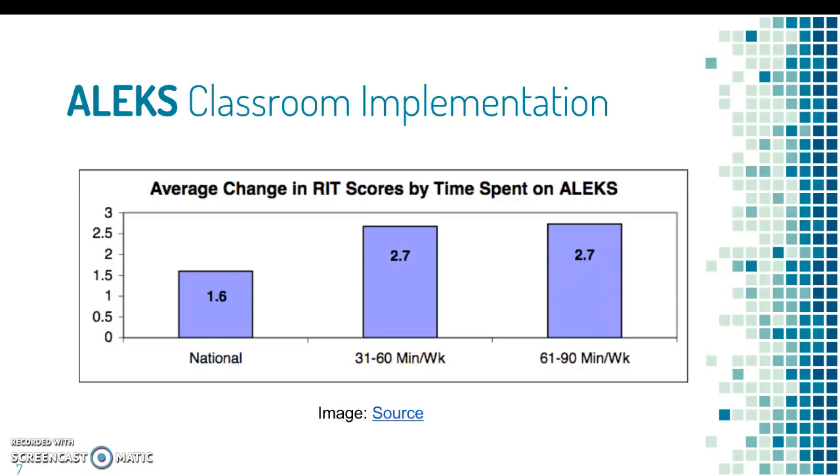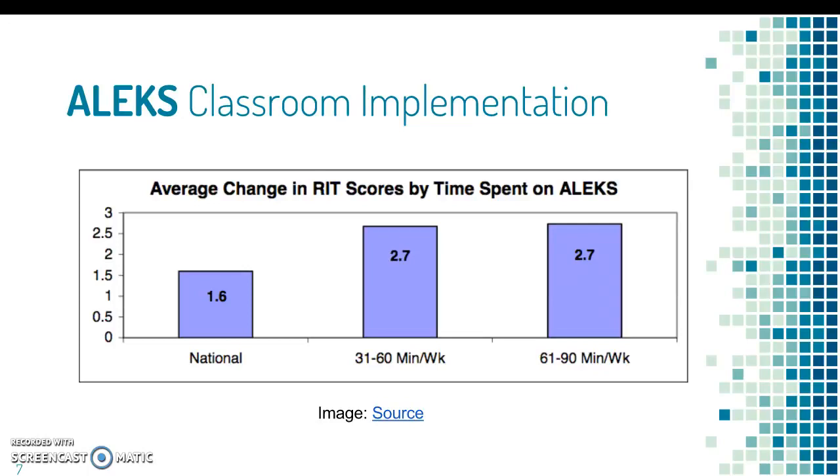The RIT scores are shown here on this slide from that study. So the national average change was 1.6 points. And for students that completed ALEKS either 31 minutes to 60 minutes and 61 minutes to 90 minutes, those students had an average increase by 2.7 points, which is incredible.